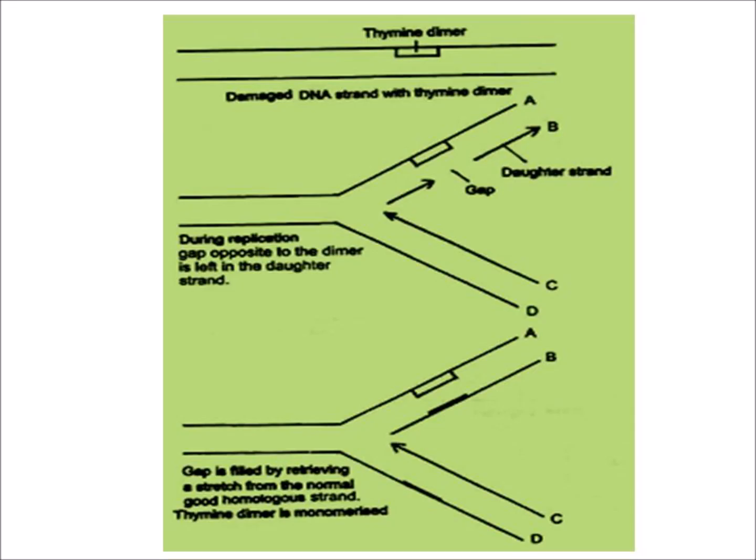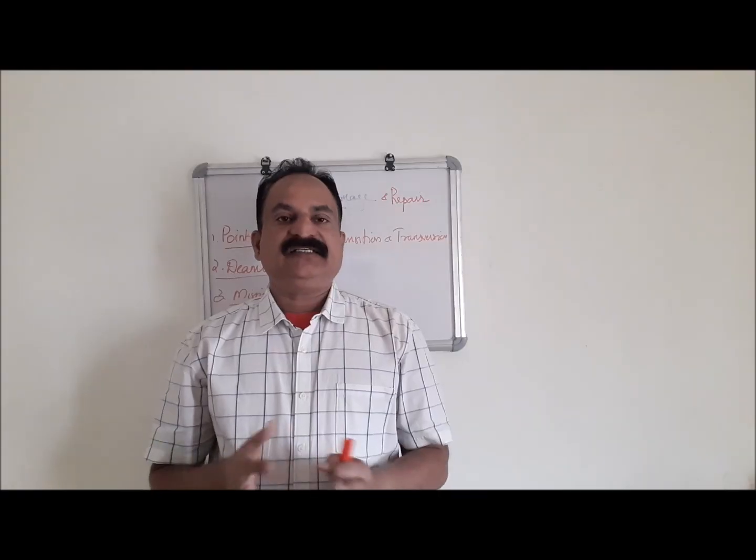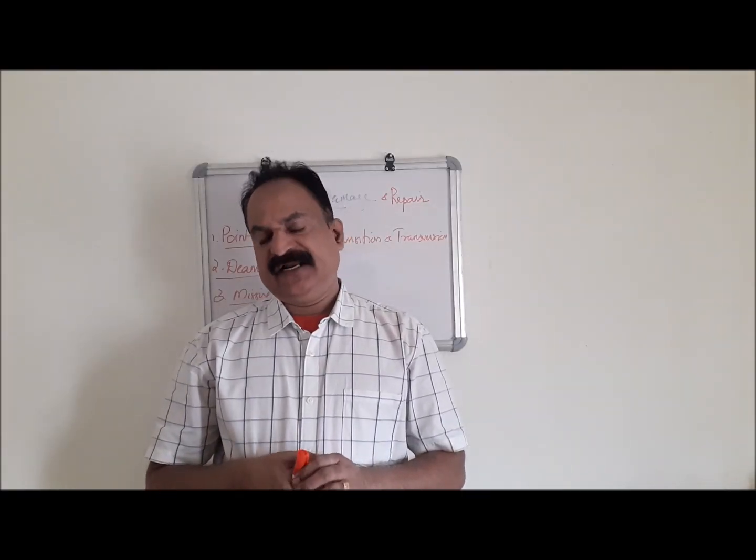This diagrammatic representation explains recombination repair or retrieval system. See here, damaged DNA strand with a thymine dimer. Then during replication, a gap opposite to the dimer is left in the daughter strand, that is shown here. Then the gap is filled by retrieving a stretch from the normal good homologous strand. Thymine dimer is monomerized.